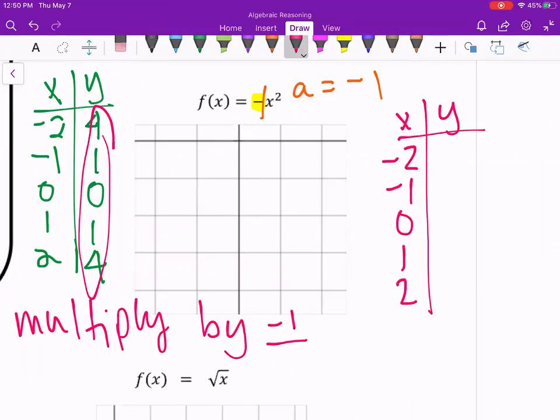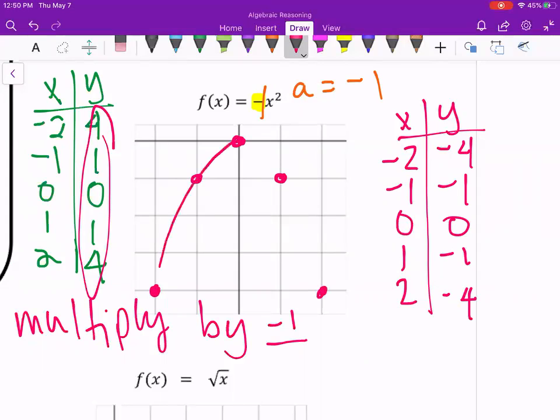But each of those y values times a -1, which means our signs are going to change on most of these points, all but the 0, of course. So this time my graph, -2, -4, -1, -1, 0, 0, 1, -1, and 2, -4.